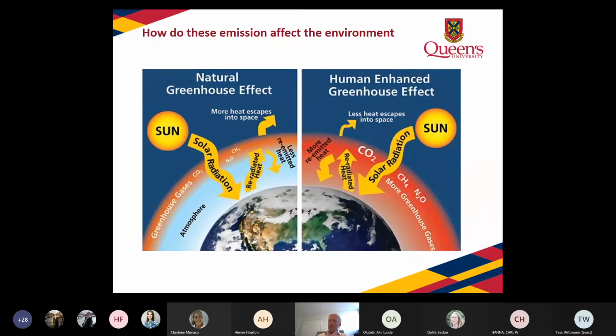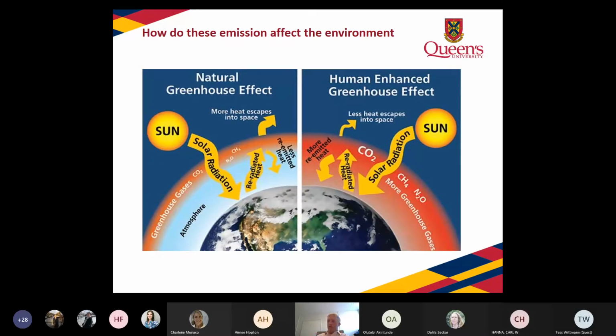So prior to the emissions increasing and greenhouse gas production increasing over the last 150 years, there was more heat escaping into space. And there's less of that now because greenhouse gases act, and that's why the term greenhouse is used, to trap in the heat.